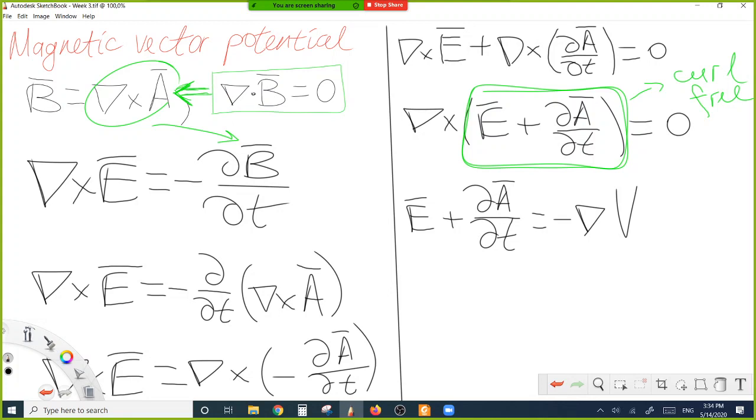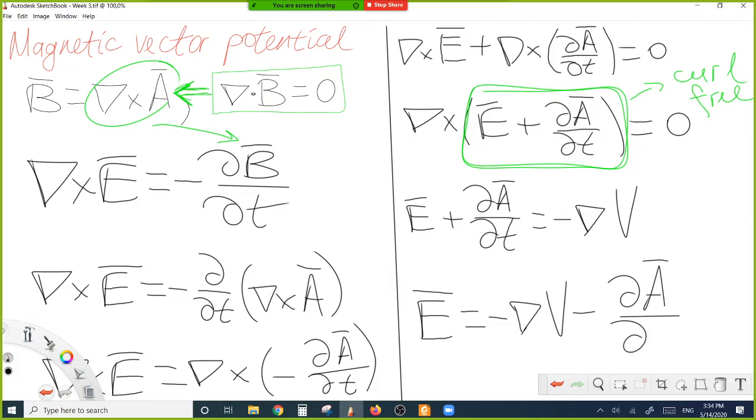So now the electric field intensity E becomes minus the gradient of V minus the derivative of the magnetic vector potential, dA/dt.